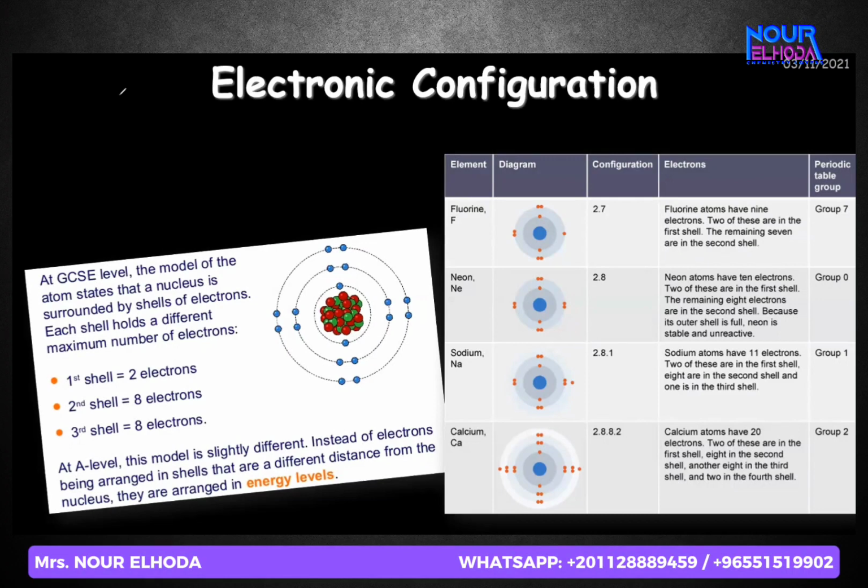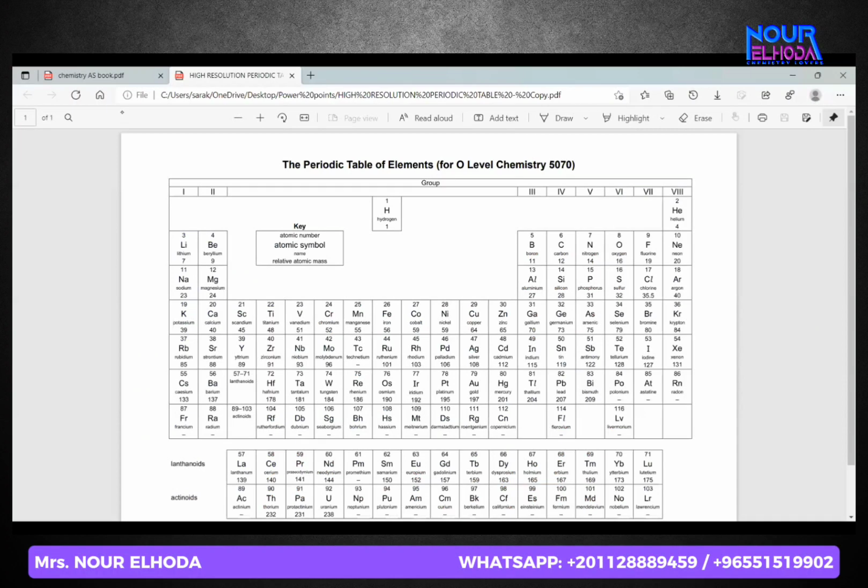How to know an element from electronic distribution? This is a very good question, Mohamed. He is asking how to know an element from the distribution. Let's say I give you the configuration 2, 8, 7, and I ask you what the element is.